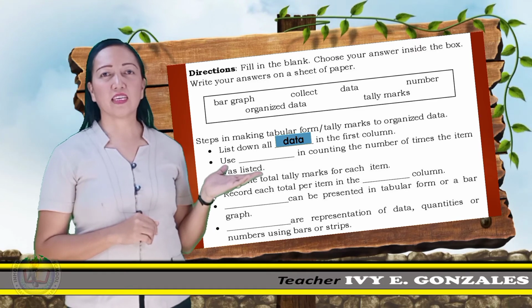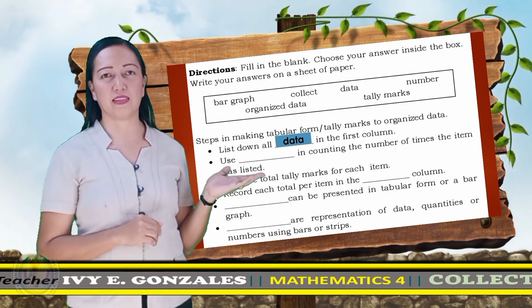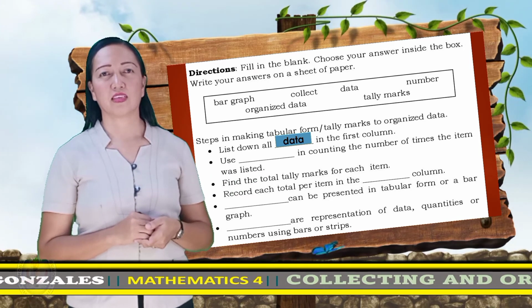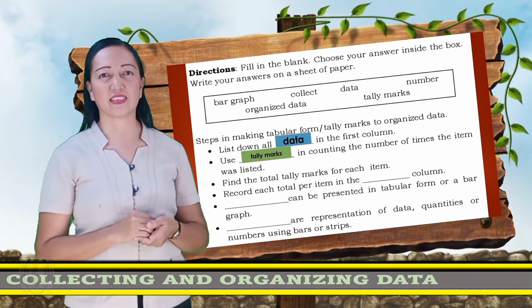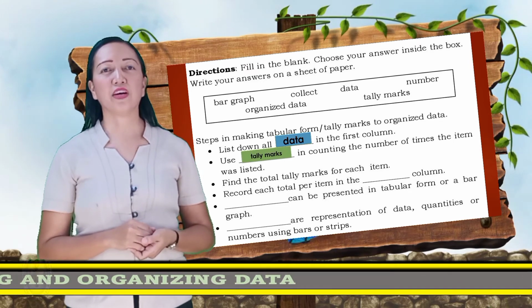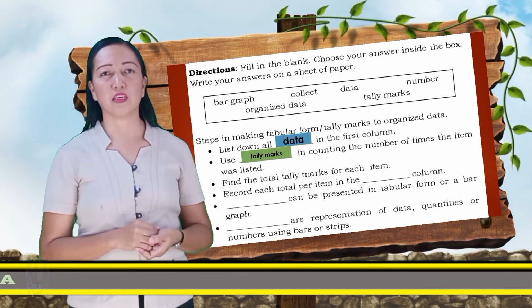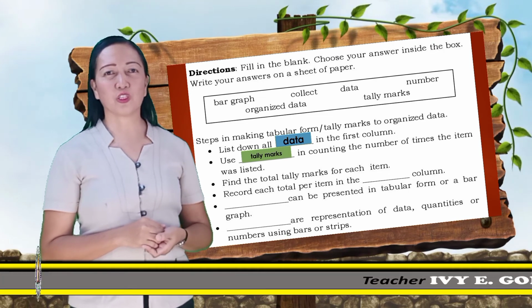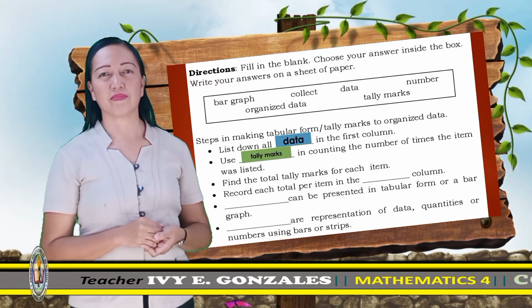Use blank in counting the number of times the item was listed. Yes, the answer is tally marks. Find the total tally marks for each item. Record each total per item in the blank column.